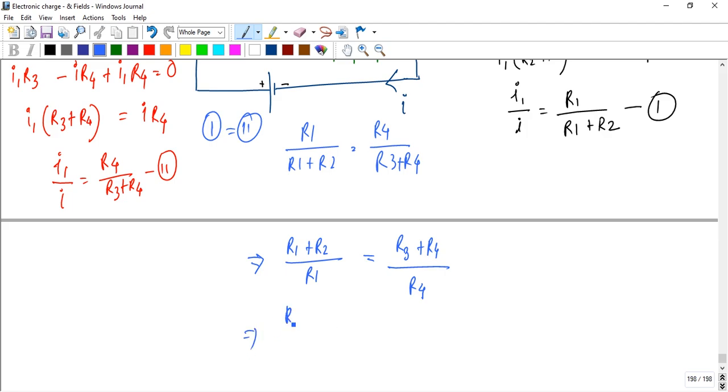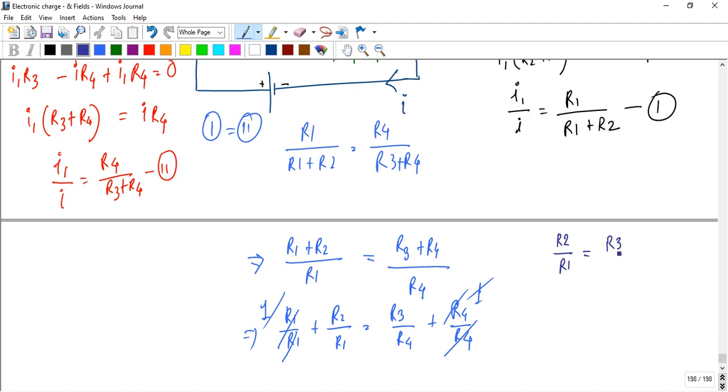Separating the terms, R1 by R1 is 1 and R4 by R4 is 1, so cancel these two. The final answer we get is R2 by R1 equals R3 by R4. That's the balance condition of the Wheatstone bridge.